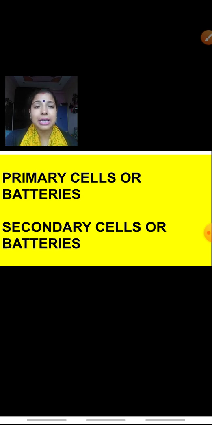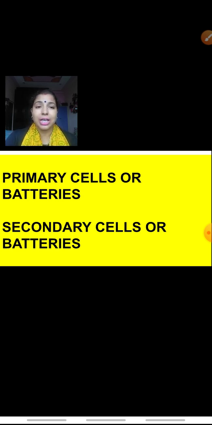Whereas secondary cells are those which work as electrochemical as well as electrolytic cell. An example of a secondary cell is your lead storage battery, or you can say the battery which is used in the automobiles, and your inverters and such things use such batteries.